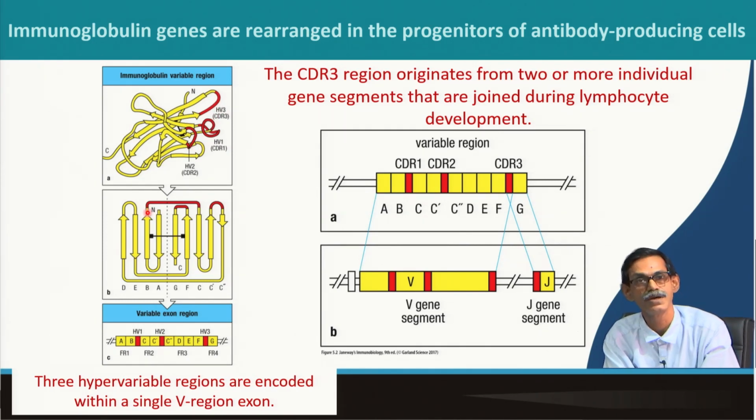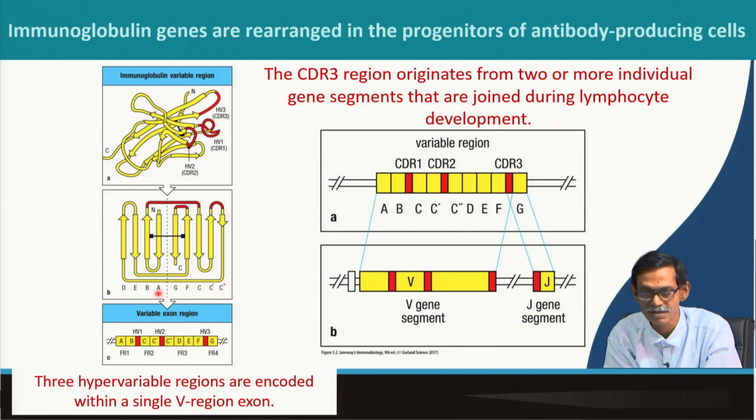This is also a known picture, the only difference you see is the labeling of this region: D, E, B, A, G, F, C, C prime and C double prime. These letters are indicating the different beta strands in this figure.